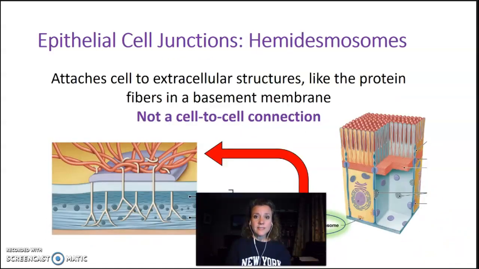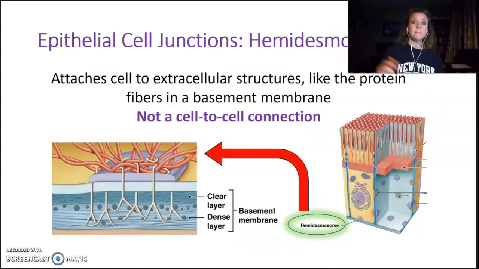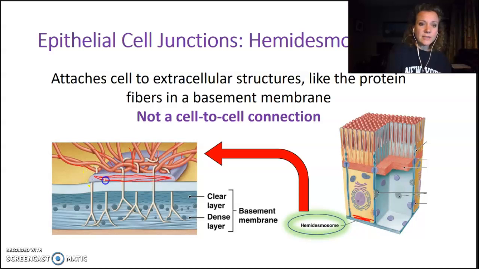And how are these cells staying connected to the basement membrane? Through a structure called a hemidesmosome, which basically means half a desmosome. At the basal surface of our epithelial cell, you are going to have a hemidesmosome. Here you've got the cytoskeleton, those little red licorice looking things, connected to a membrane protein that sits just on the inside of the cell membrane.